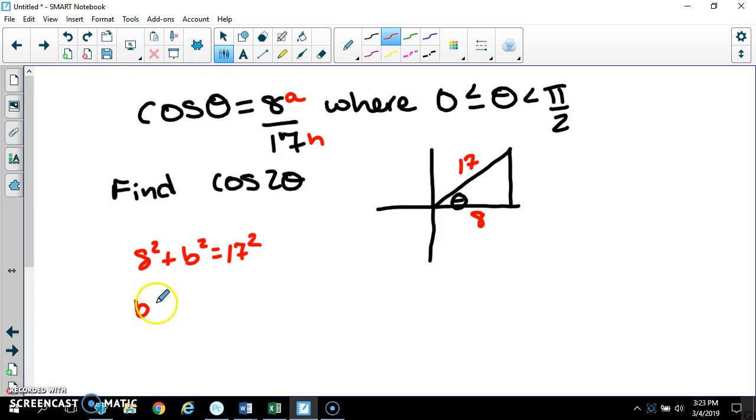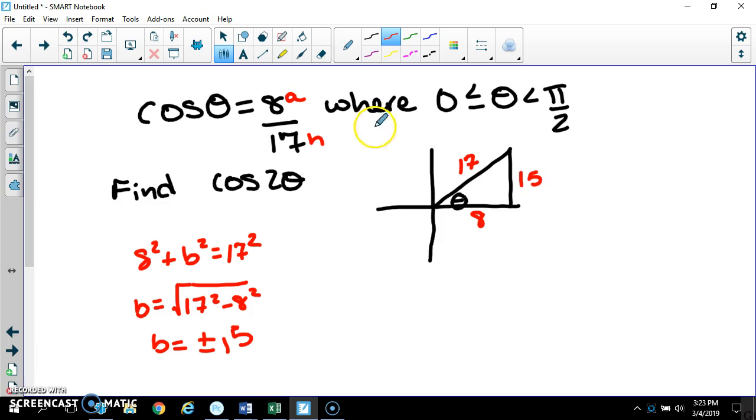When I solve for b, I get b equals the square root of 17 squared minus 8 squared, and that's going to get me b equals 15. So this side right here is 15.